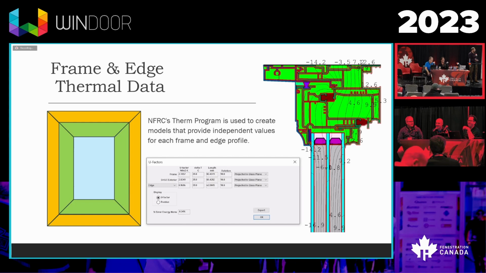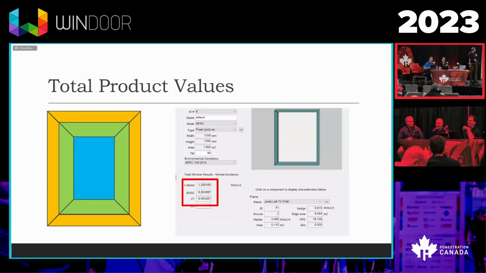So because we have the CPD, we don't have to model all these over and over again. Just the last part. When we import it into window, we set the size. So this is a default fixed window, and that gives us the value. So for anyone who hasn't seen therm and window, that's what's going on in the background to get those total values.